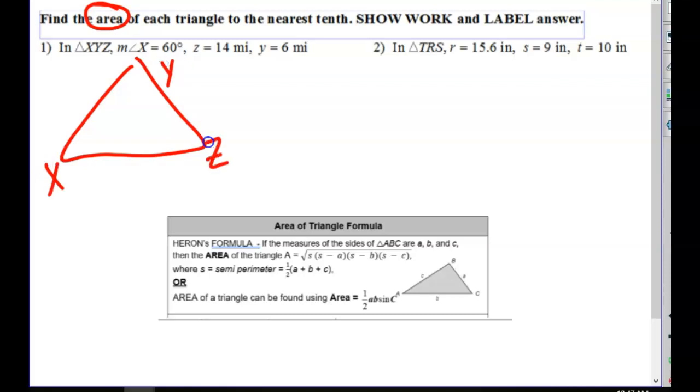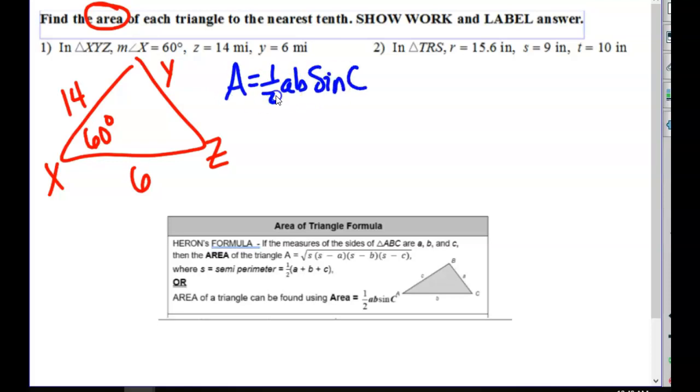X, Y, Z. Side Z is 14, side Y is 6, angle X is 60. What can we do there? We're supposed to be finding the area. Oh, the area. 0.5 times A, B. It looks like that.